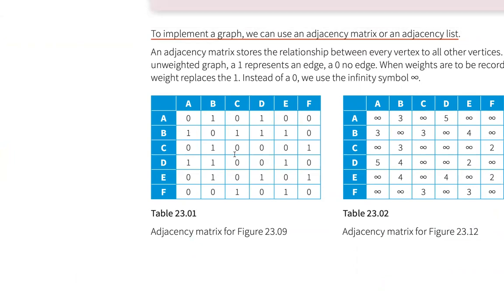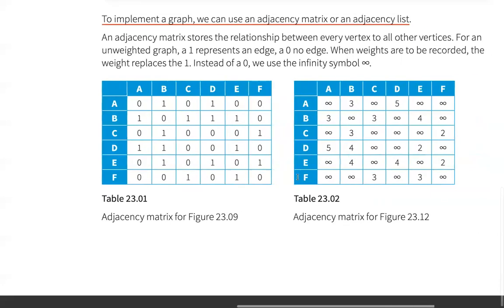Any vertex that I'm not connected to, including the vertex itself, is labeled as 0. A is obviously not connected to itself, so that's 0 by default. Any other vertex it's not connected to will also be labeled 0.